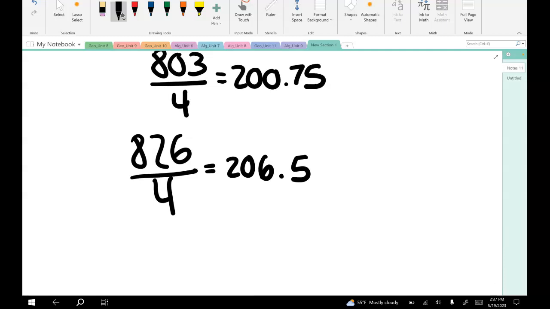So looking at this, Mr. Bruder has a higher average than I do by just a little less than 6 points. Again, we get the 803 and the 826 by just adding up all of our values. And since we played 4 games, that's why we divide by 4.